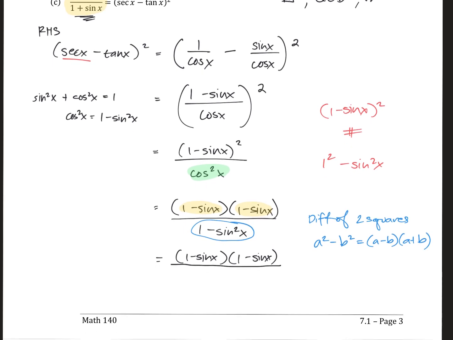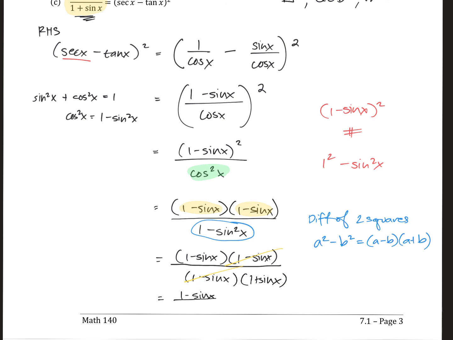So if you need a review on any of that, let me know. I'll do 1 minus sine x times 1 plus sine x. Can we cancel? Aha! We can cancel those two. And we're left with something that looks exactly like how our answer should look like.